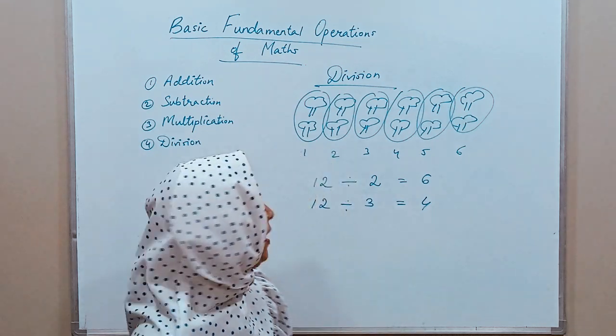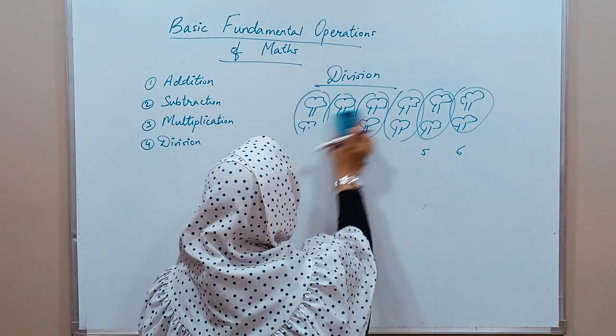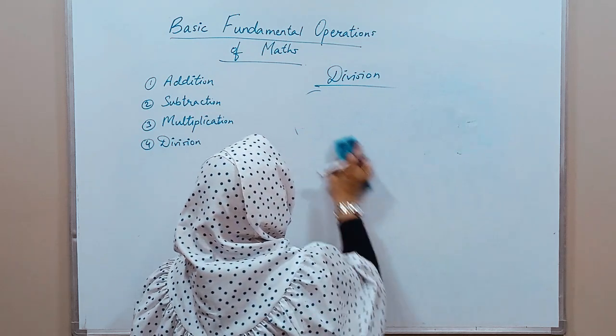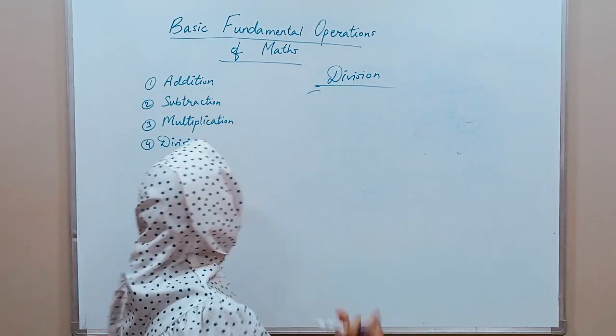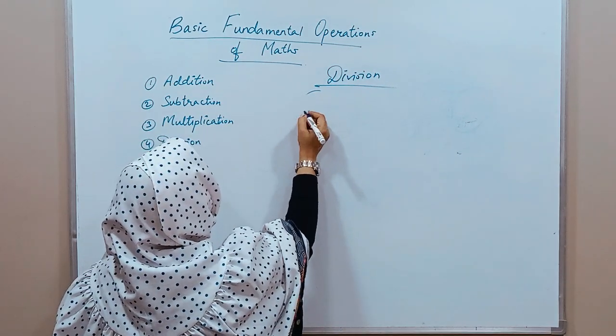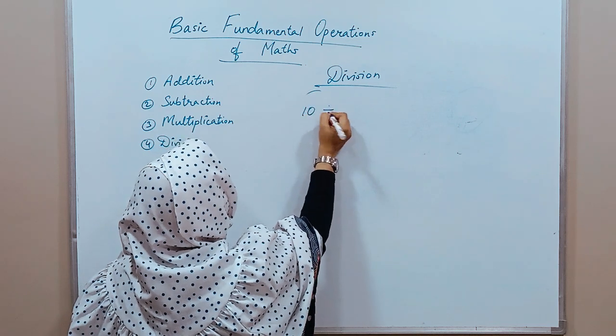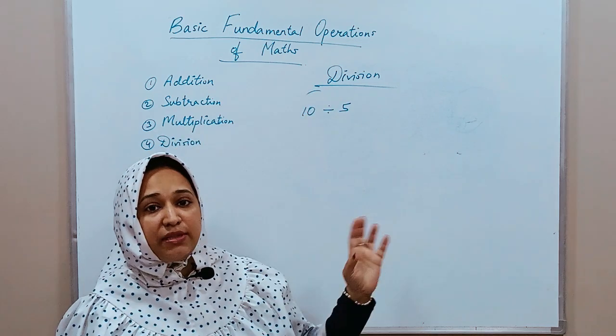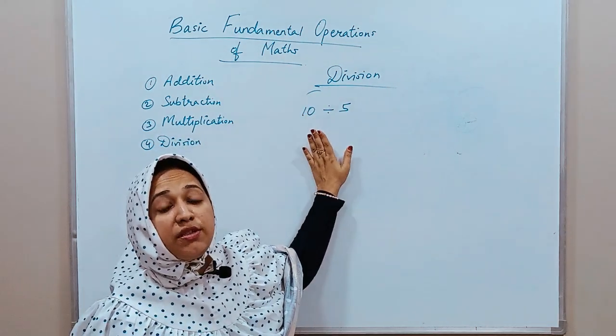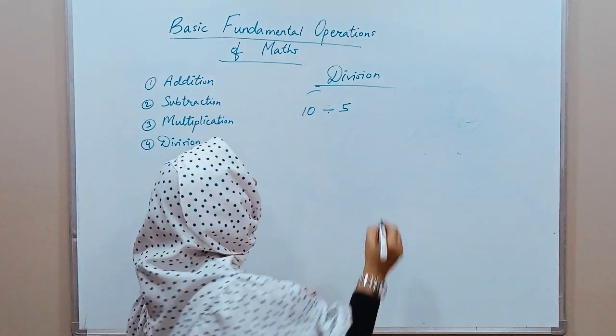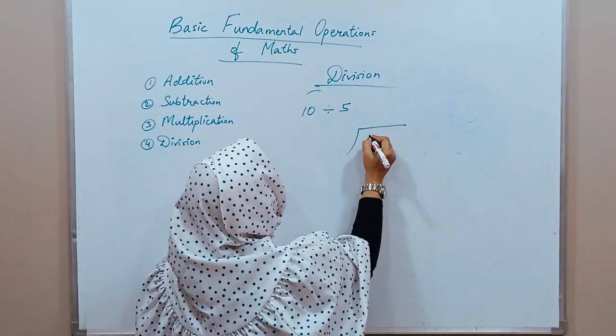Now how do we divide in the standard way? Suppose you are asked to divide 10 by 5. We are taking the simplest number. You need to learn the tables for this as well. So we write 10 here.